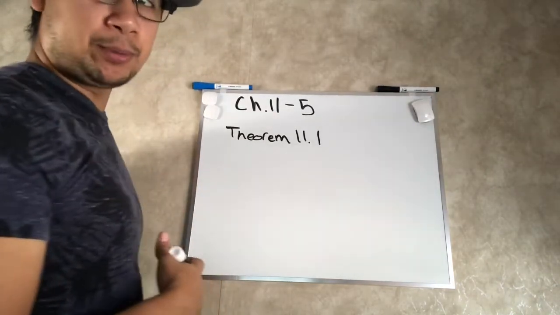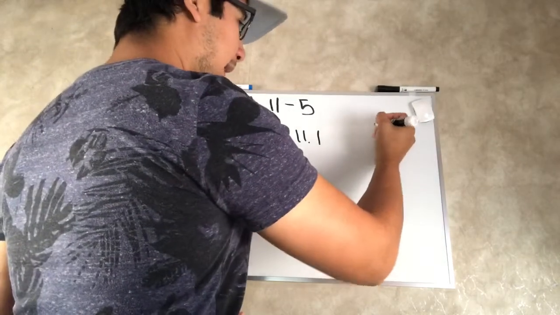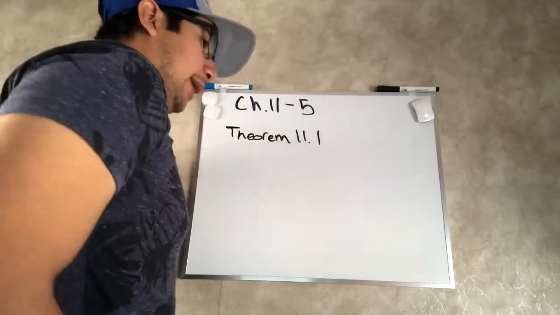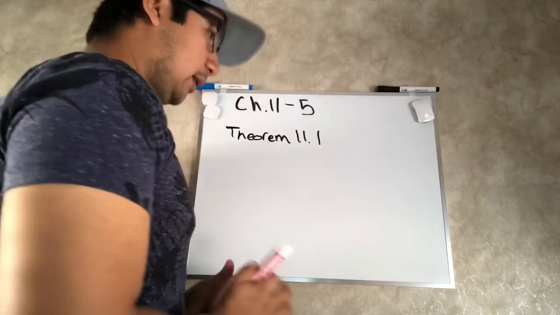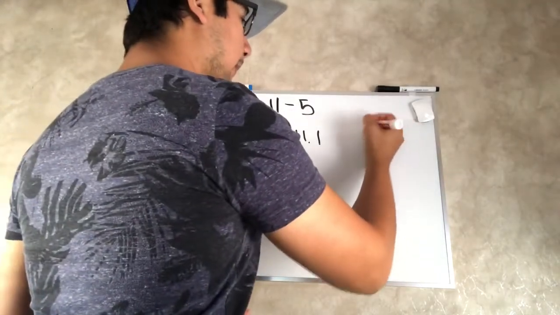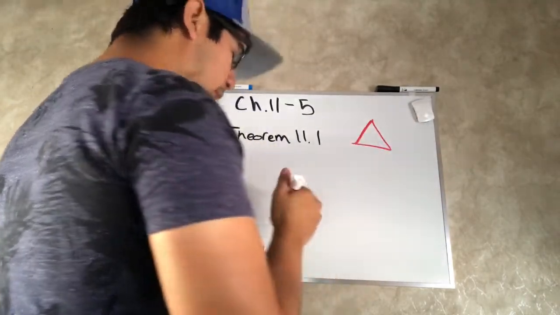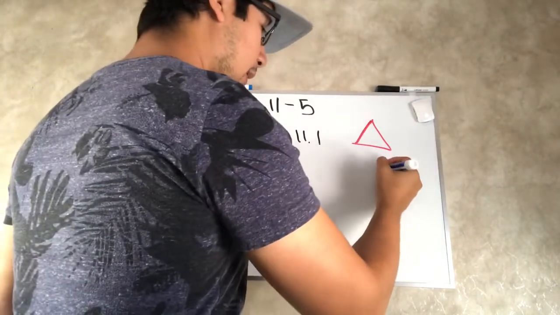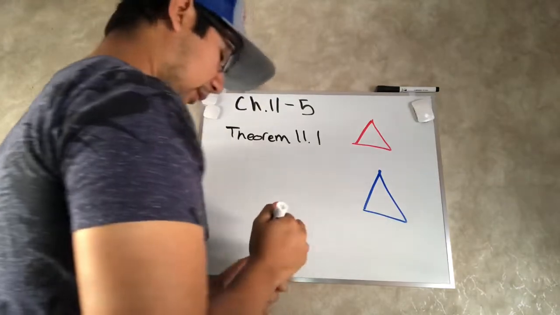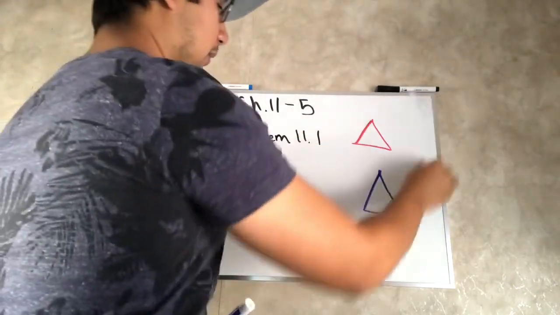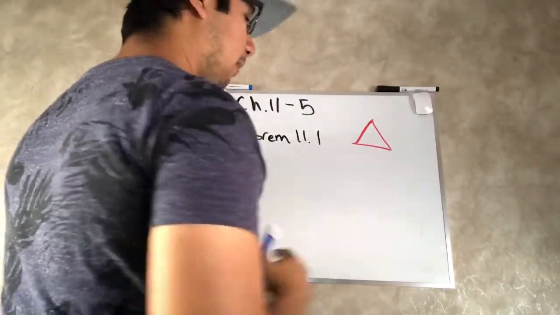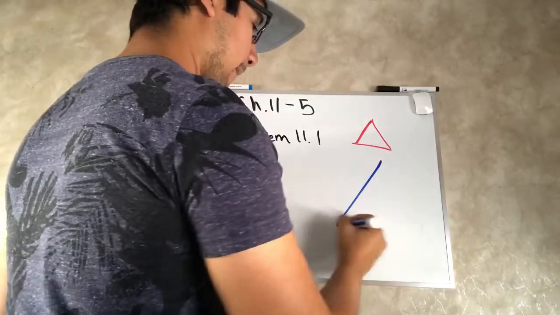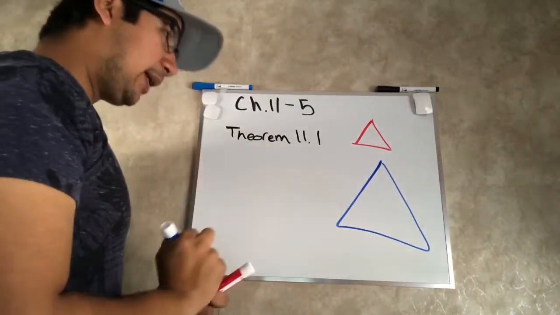It could be a triangle, a rectangle, a pentagon, right? But just to keep it simple, and because my art skills aren't that great, I'm going to use a triangle. So let's have two triangles here, and I'm just going to explain what the theorem is talking about. We have two triangles.